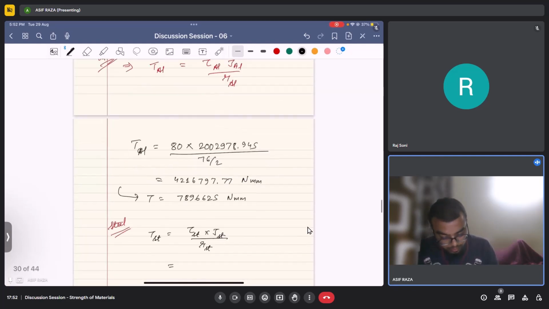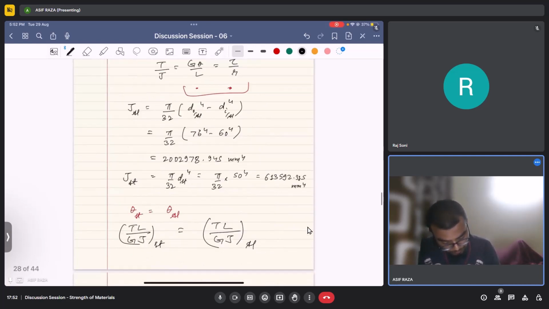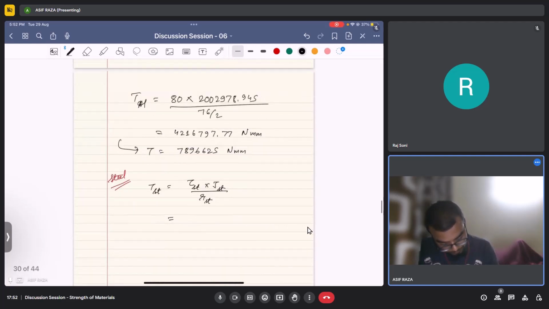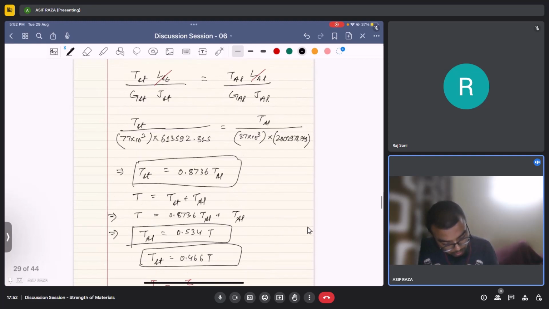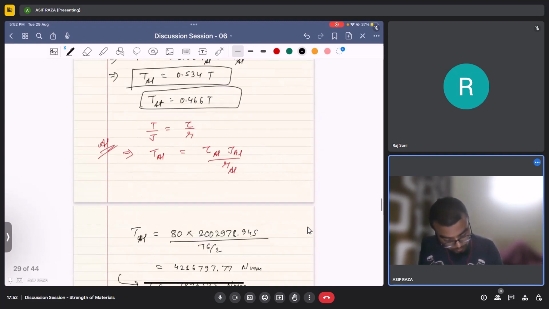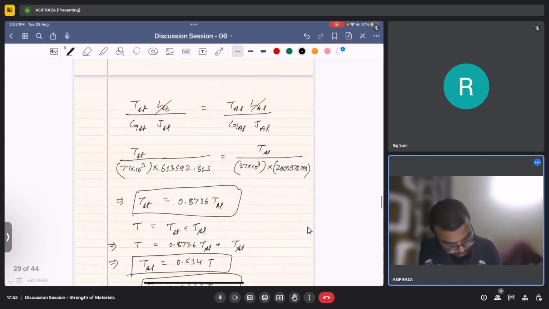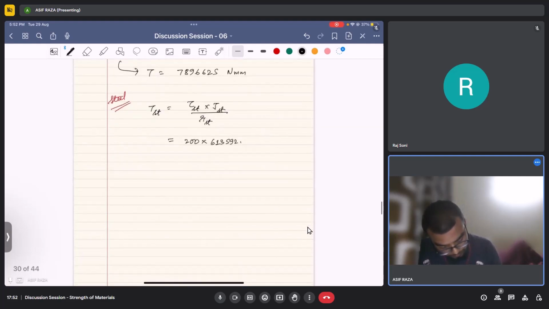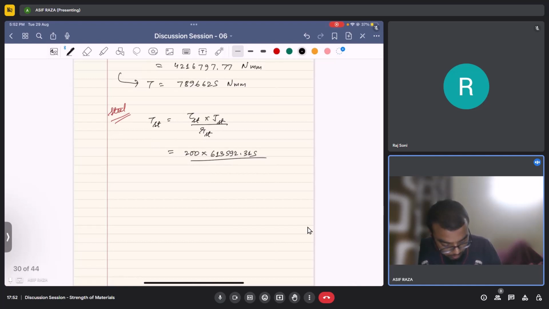This is 200 times 613,592.315, and the radius of the steel is 50, so 50 by 2, that is 25.